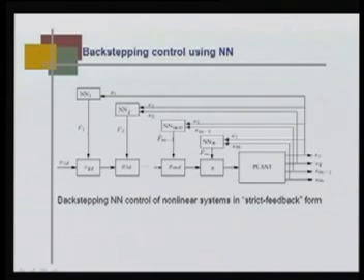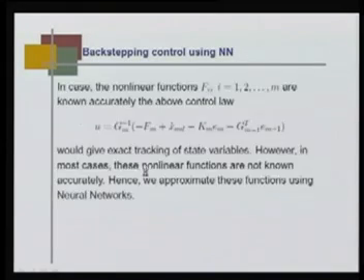The first function f1 is approximated by neural network 1 whose input is only x1. The second neural network NN2 takes the inputs x1, x2 as I showed you earlier. The output is f2 hat, and I get x3d. You can easily see that.